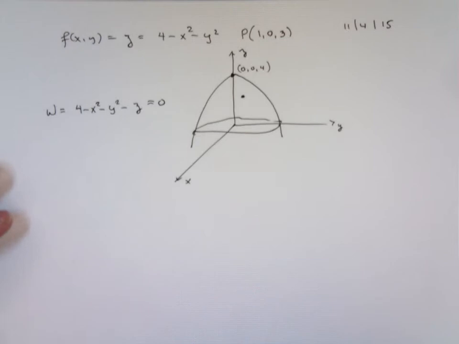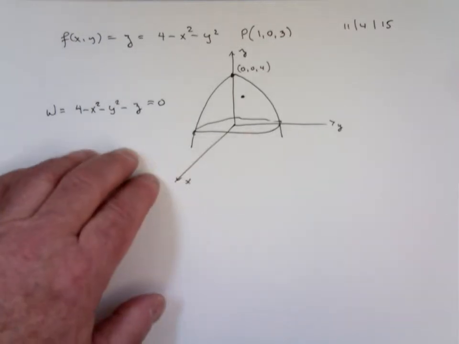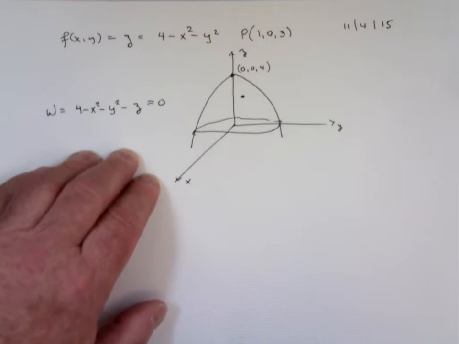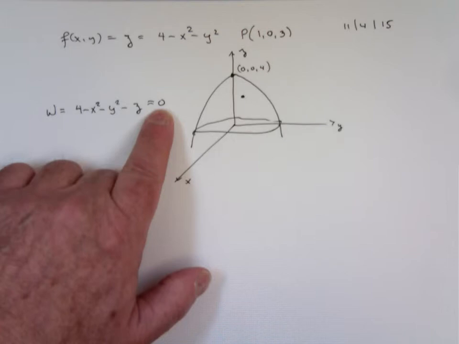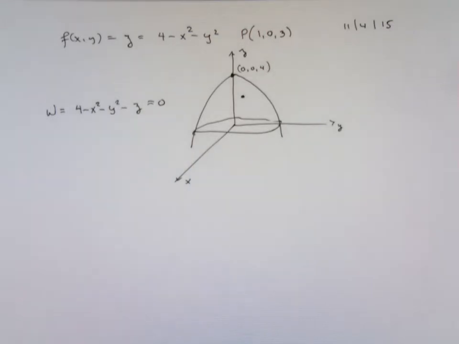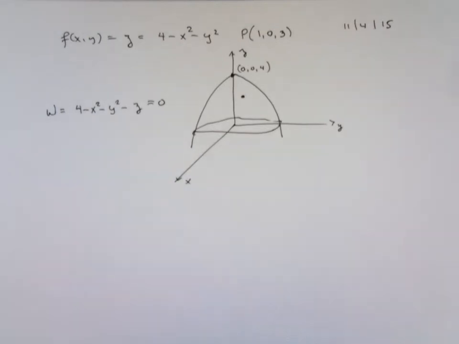What this does is make our surface a level surface for this fourth dimensional object, this function of 3 variables. If I were to set that equal to 1, I would get another paraboloid. It would be another level surface. And if I were to change this to 2, I would get yet another level surface.